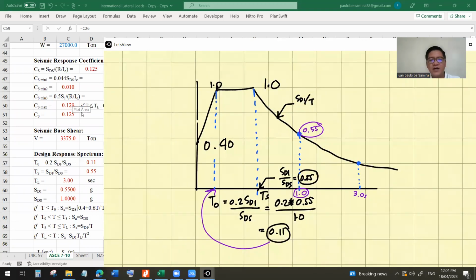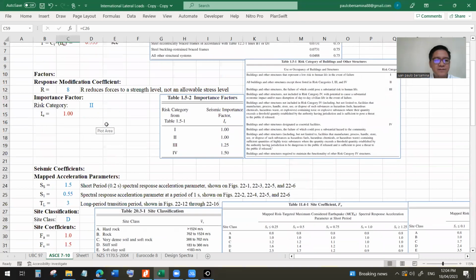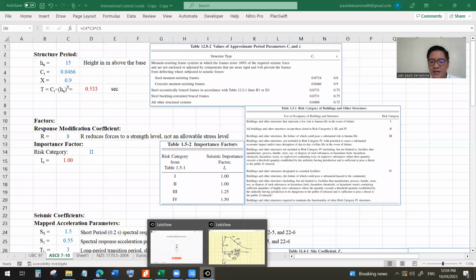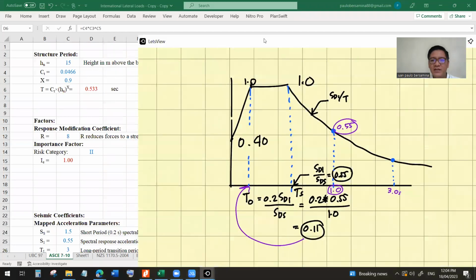Now, kung i-relate ngayon natin sa POE building, 15 meters in height, ano yung period natin? 0.533. So, ibig sabihin, kung 0.533 yung period natin, remember, ito ay 0.55. 0.533 lang yung building.